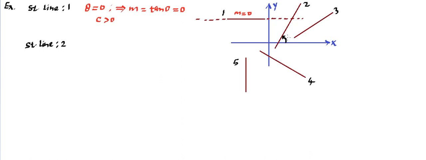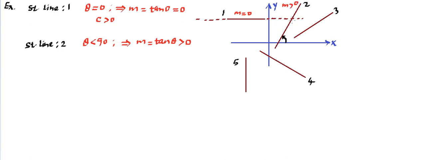Theta is going to be less than 90 degrees. Whenever theta is less than 90 degrees, tan theta will become a positive number. So m is equal to tan theta, and if theta is less than 90 degrees, it is always positive. So what we can claim for 2 is that the slope is positive.